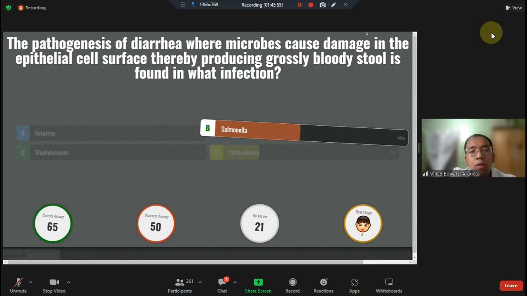This is what I meant, that there could be questions from your IM, or even microbiology-related questions, or pathology. Expect questions that are clinical but applicable to community medicine. In the community, diarrhea is common, and if you are a community physician with a patient with grossly bloody stool, you would suspect salmonella infection, which is common in the community.